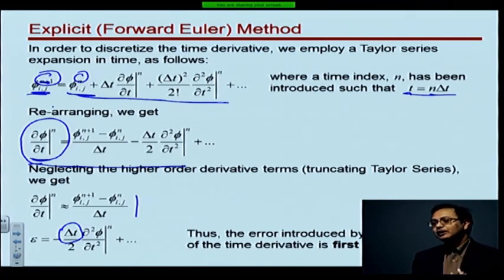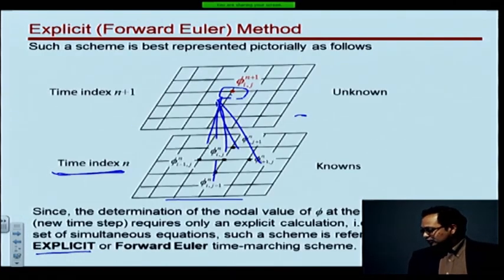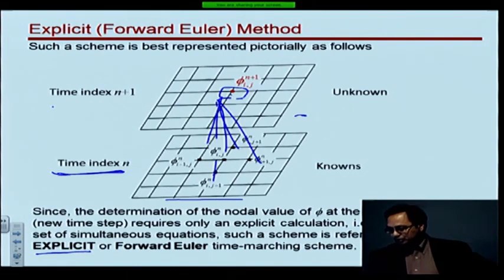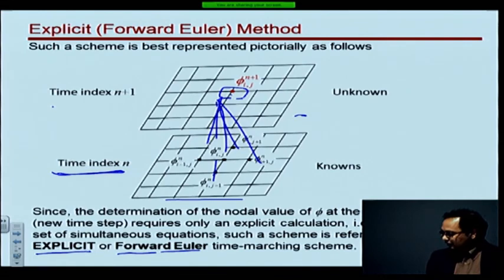You can do n about n plus 1 also. So those are the two names that are used for this method, explicit or forward Euler. Any questions? Many of you are probably familiar with this method. It's probably the most simple of all the time marching methods that are available.